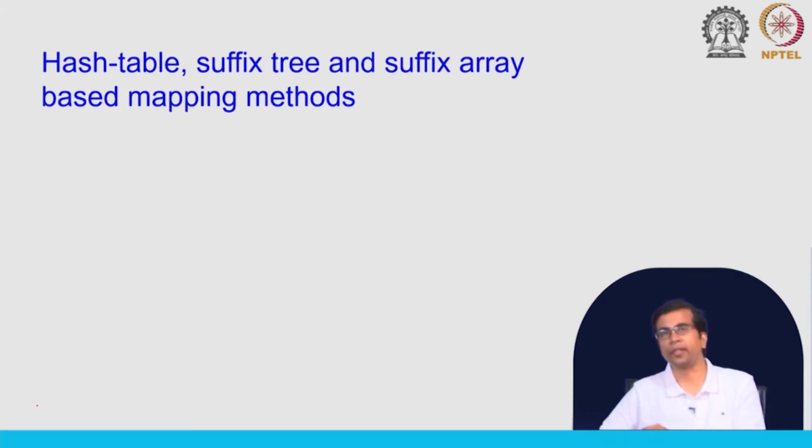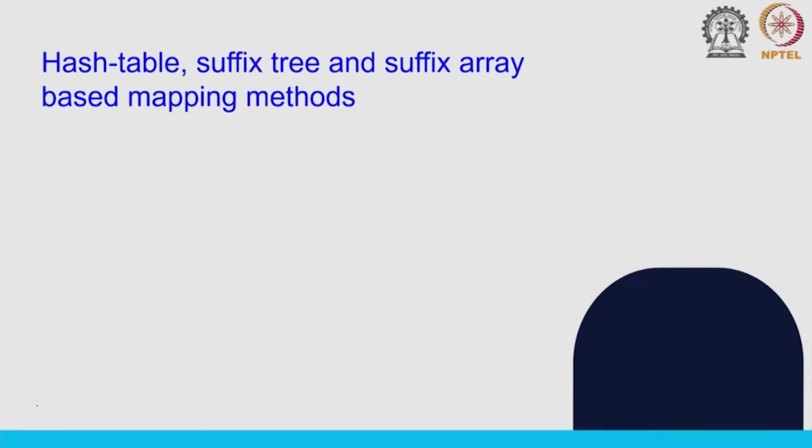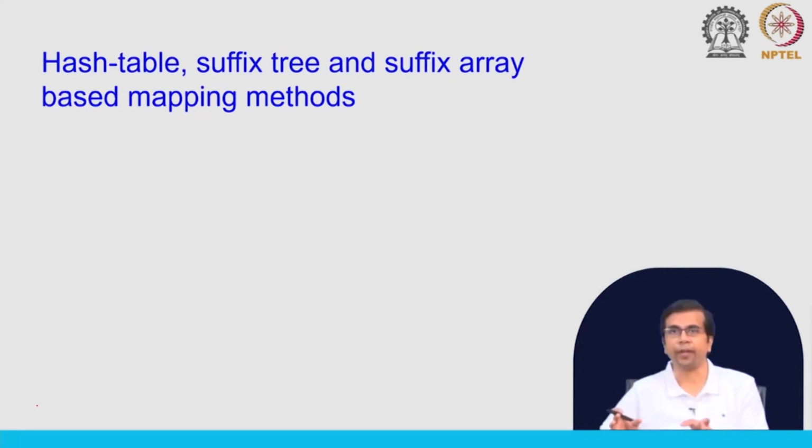Then we talked about suffix tree and suffix array based methods. These are related ideas, since they both relate to suffixes. We talked about how we generate suffixes from a reference sequence, the tree representation and the array representation, their advantages and disadvantages, and how we can search sequences using the suffix tree or suffix array structure.